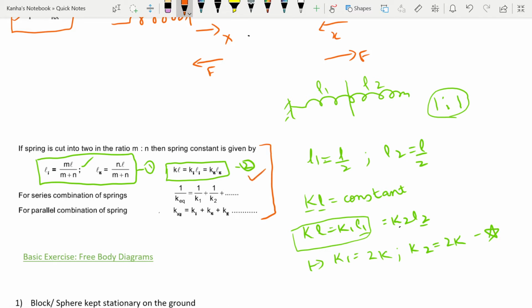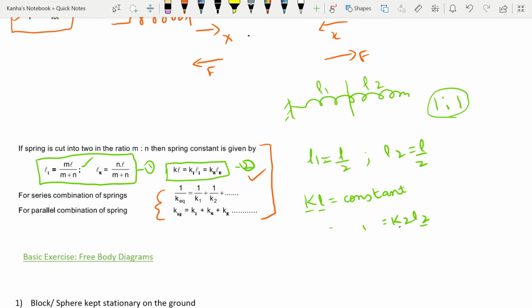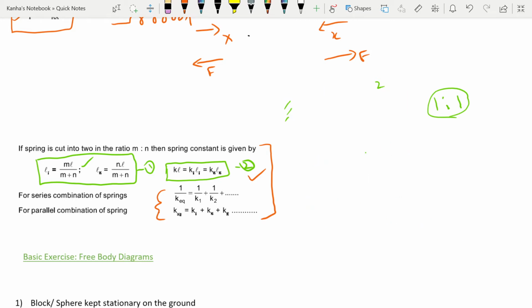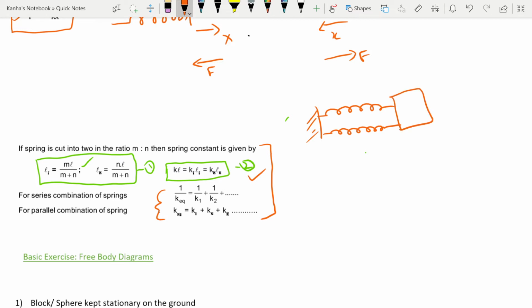The second thing that has been asked before is a combination of springs, which can be series or parallel. So I'll erase this and tell you what series and parallel mean when it comes to springs. In parallel, we mean that there is one spring like this, one spring like this, and there can be multiple springs, not just two. I'm just taking an example of two, connected to some mass here.